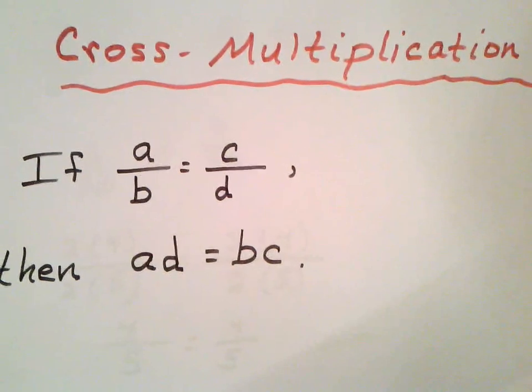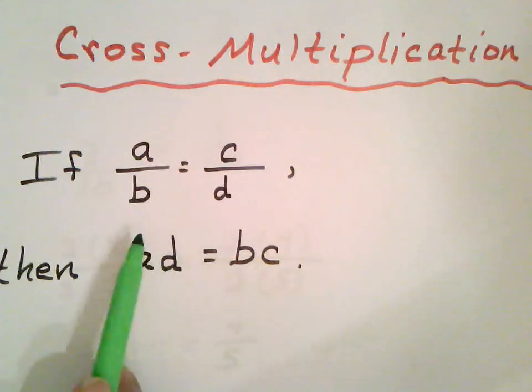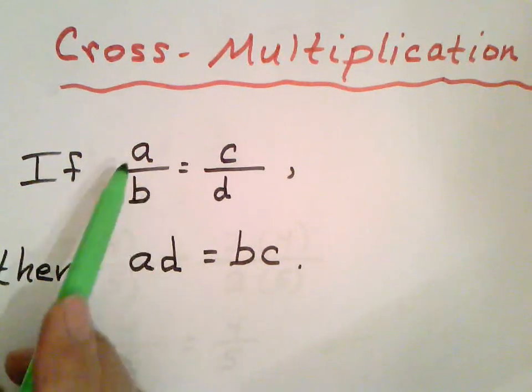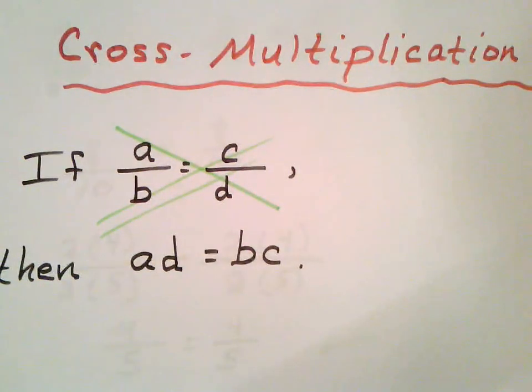Let's look at cross multiplication. Let's review the cross multiplication when we're talking about solving a proportion. So if A over B equals C over D, remember now, B and D cannot be equal to 0. You cross multiply this way and this way. So AD equals BC.